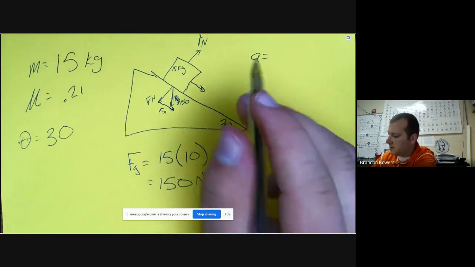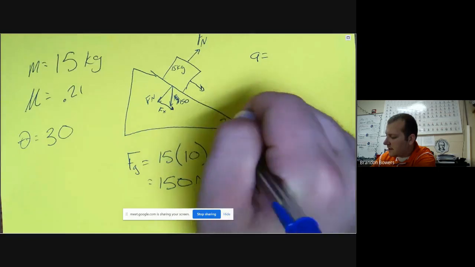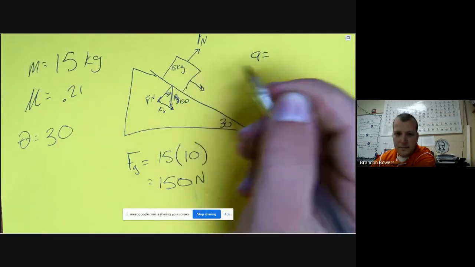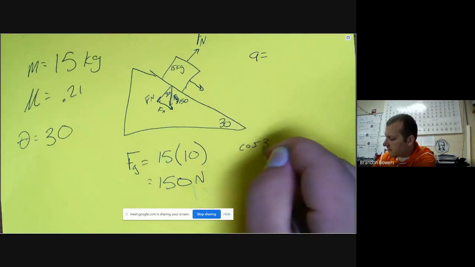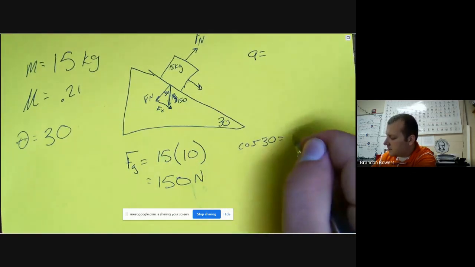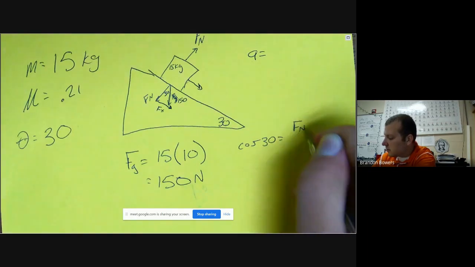So let's do both of those. For force normal, I have to use cosine, and remember, this angle is the same as that angle. So I'm going to use the cosine of 30 is equal to the adjacent, which is force normal, over the hypotenuse.